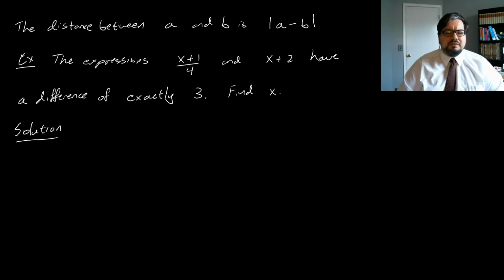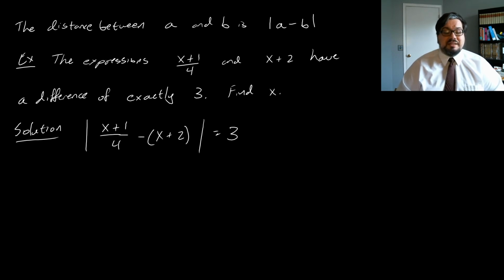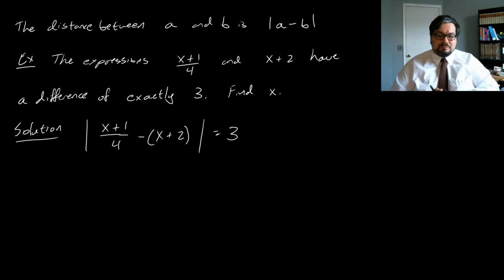So for the solution, we're told that the expressions x plus 1 over 4 and x plus 2 have a difference of 3, or the distance between them is 3.